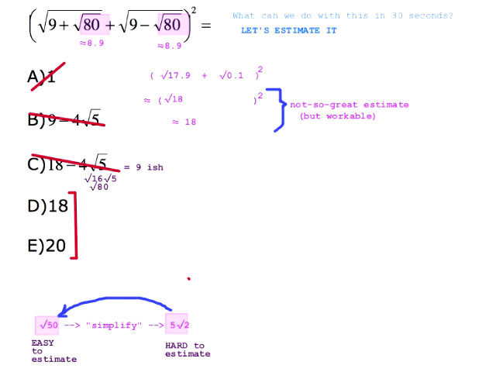This is what people would guess if they just squared the rad 9 parts and ignored the square root 80 parts.